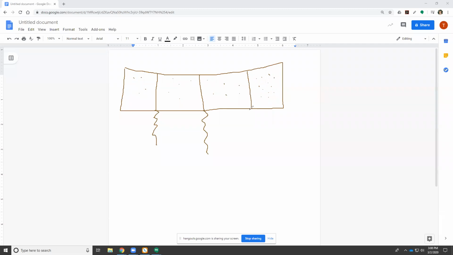Now, if I were to break this graham cracker like this, so I broke it where the squiggles are, how many pieces do I have? And look at the squiggles.